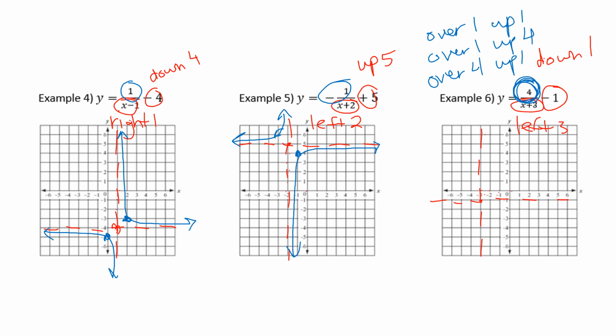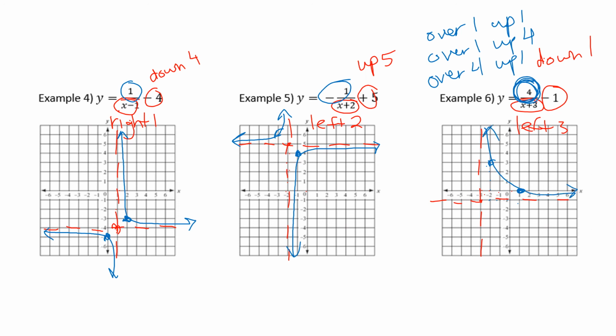Instead of going over 1, up 1, I'm going to go over 1, up 4 and plot a point. I'm also going to go from that center over 4, up 1 and plot a point. That way I have a little bit more to go off of as I curve down and around. And then the same thing on the opposite side.